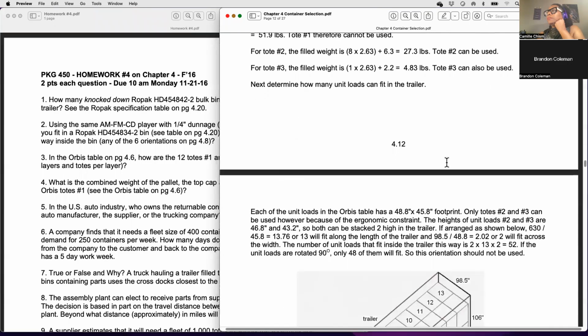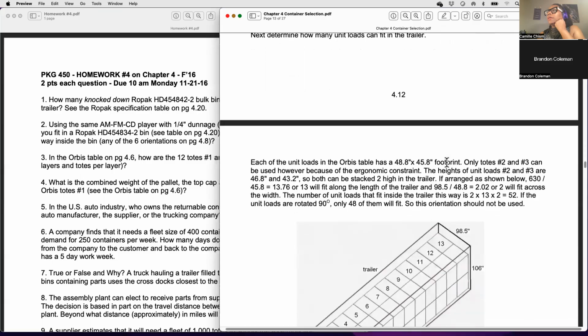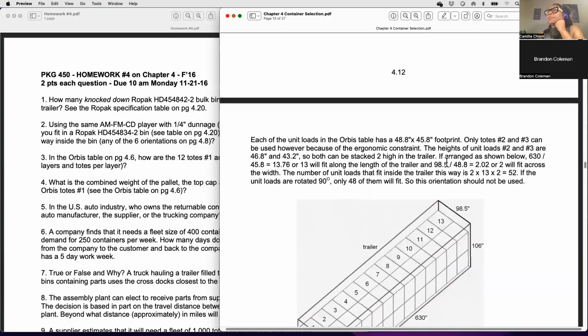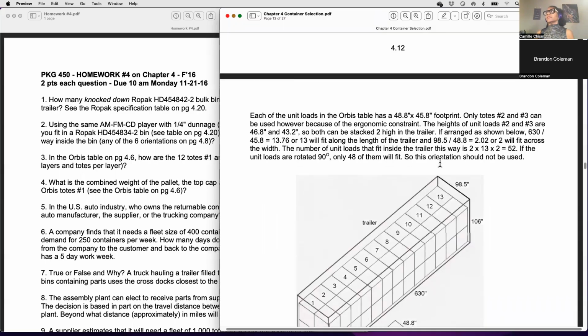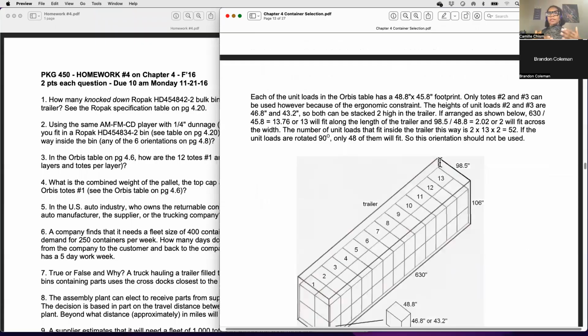So this is where we start talking about the standards for these totes. These totes fit on the 48 by 45 automotive pallet, and their standard setups, or how many fit on a pallet, like we talked about before, whether it's a 48-inch long one or 24-inch long one, whatever it is, it's going to be divisible by that 48-inch dimension.